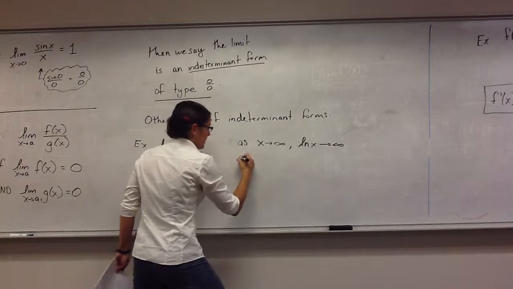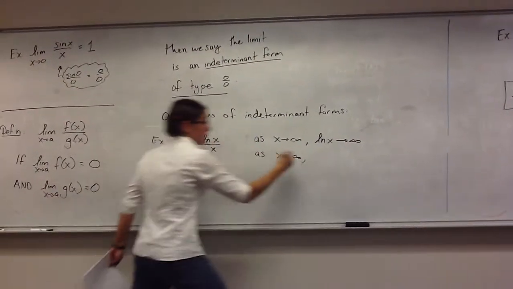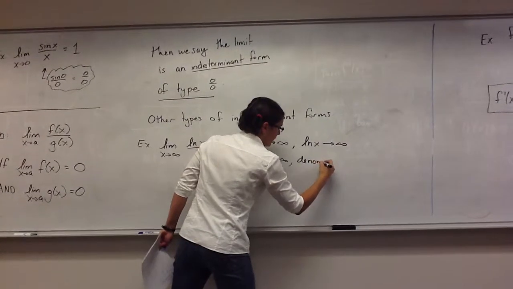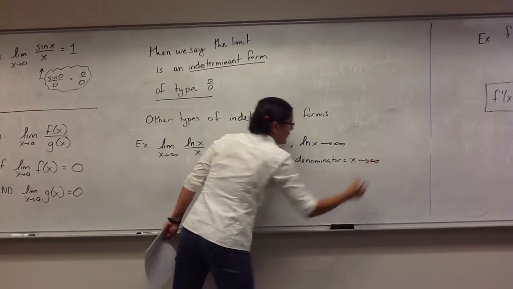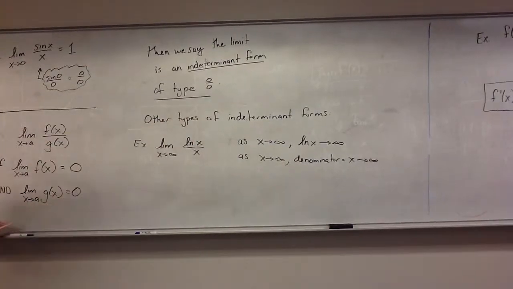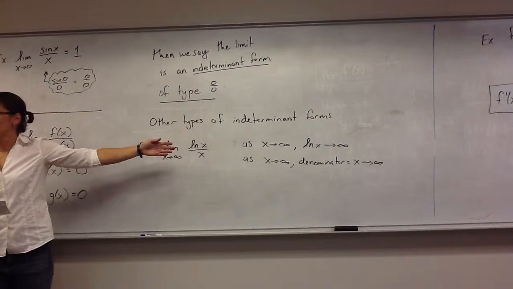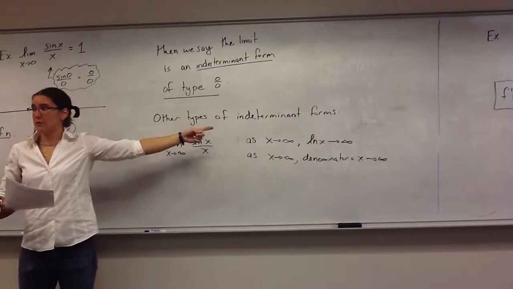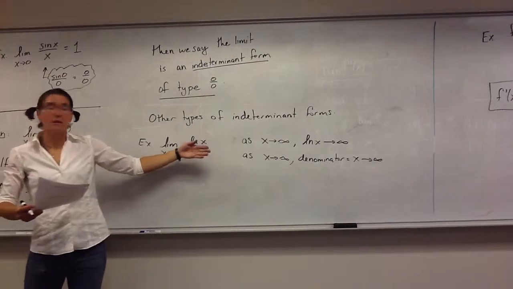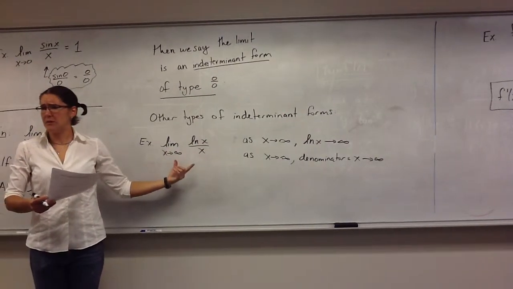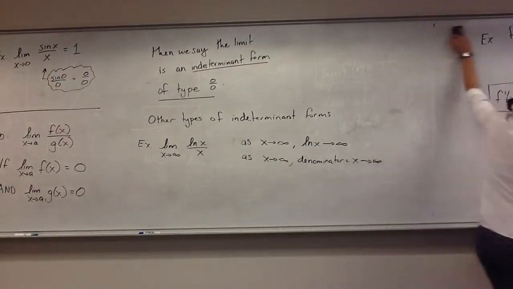And as x gets really big in the denominator, well, the denominator, which happens to be equal to x, also goes to infinity. And so if I have a limit where I have a fraction, and the top of my fraction goes off to infinity, the bottom of my fraction goes off to infinity, we say that this limit is an indeterminate form, and it's an indeterminate form of type infinity over infinity.